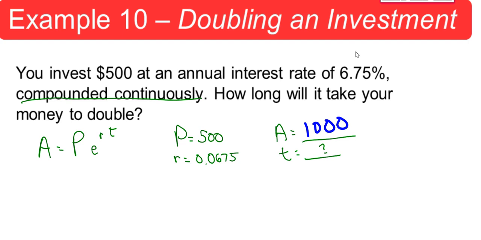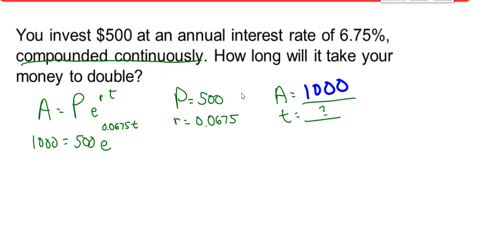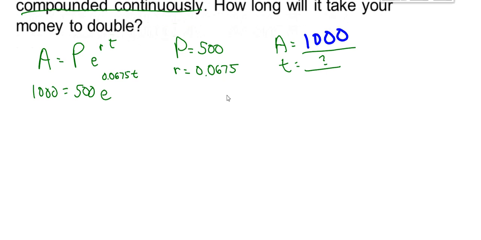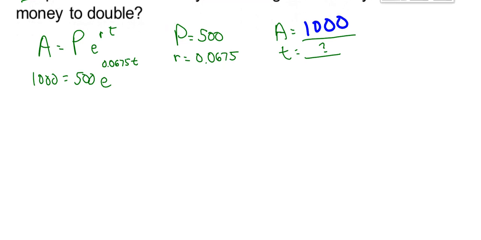So let's put those in, and we get 1,000 equals 500 e raised to the 0.0675t. Now notice, our first job is dividing by 500. 1,000 divided by 500 is 2, and so I get 2 equals e to the 0.0675t.